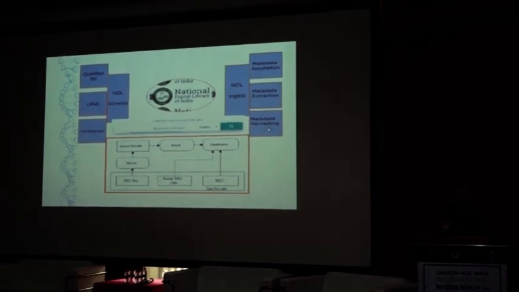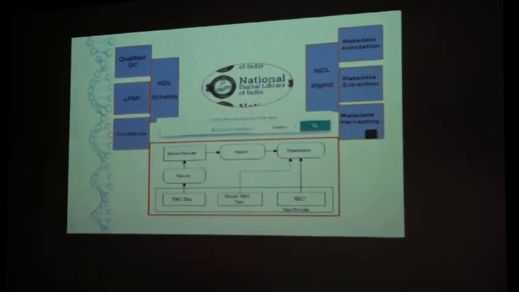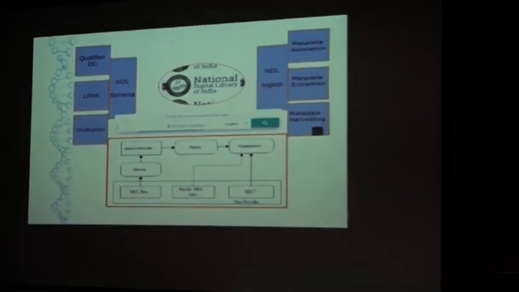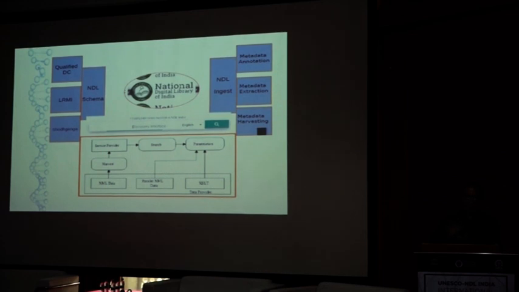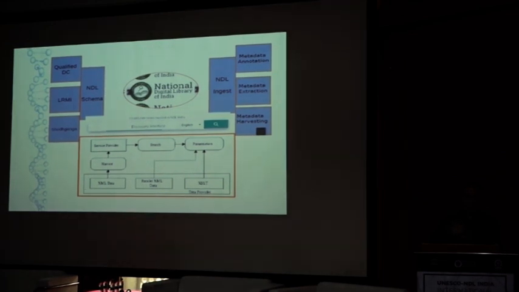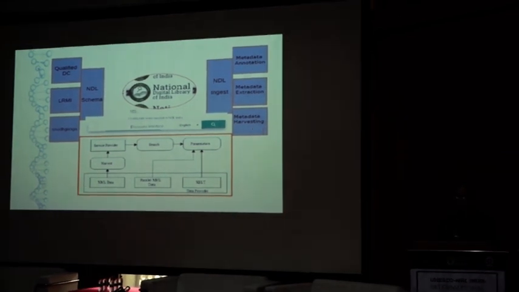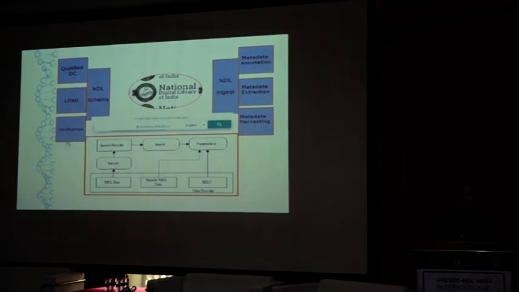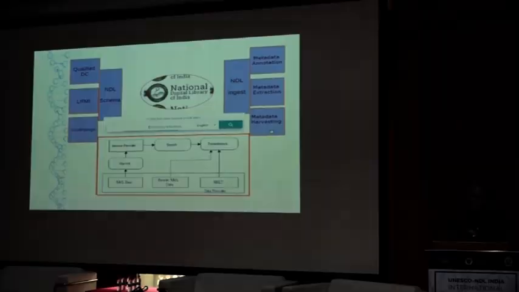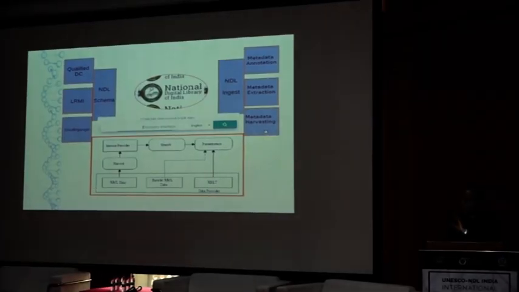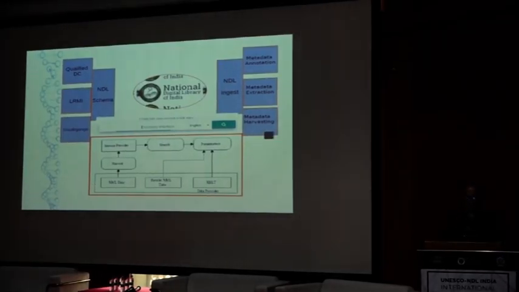But my point is that if NDL is willing to enter into the next phase, that is the second phase, they need to expand the resource base. The moment they are willing to expand the resource base, they need many more domain-specific metadata schemas here and many more processes here. So metadata harvesting alone is not going to serve you well in the second phase.